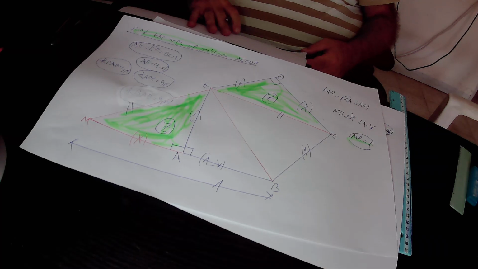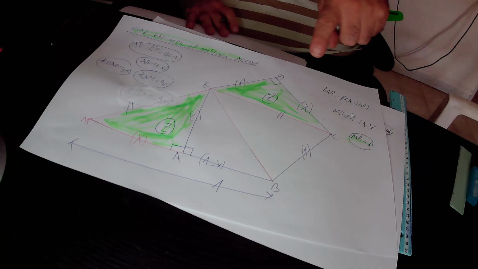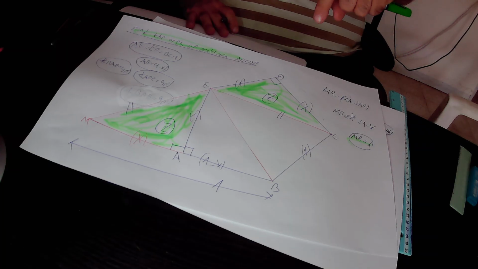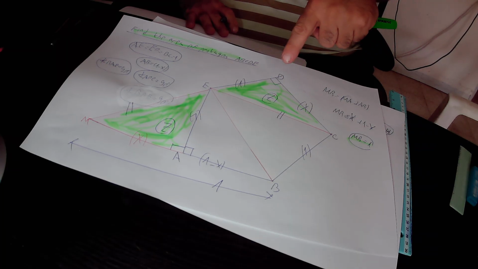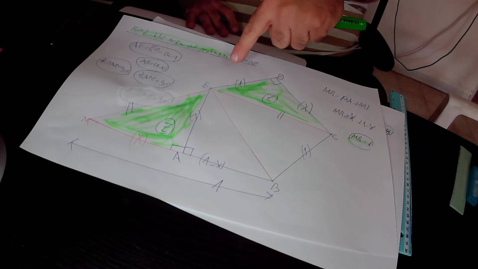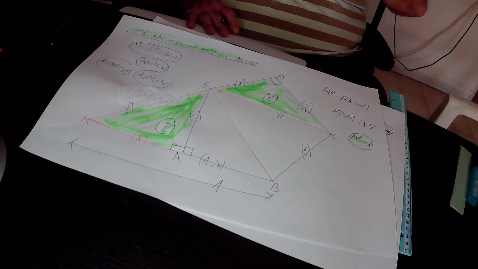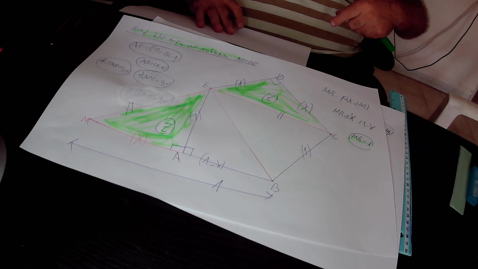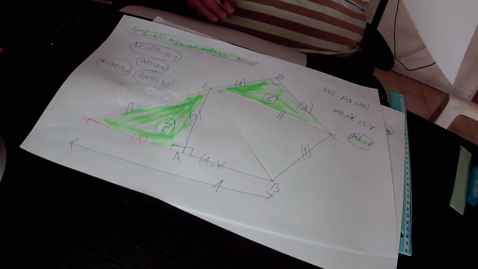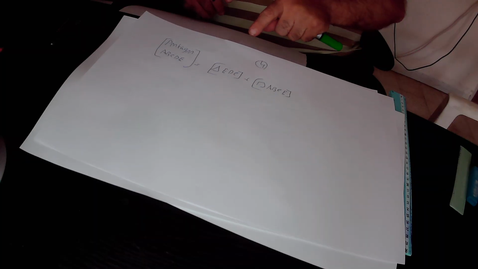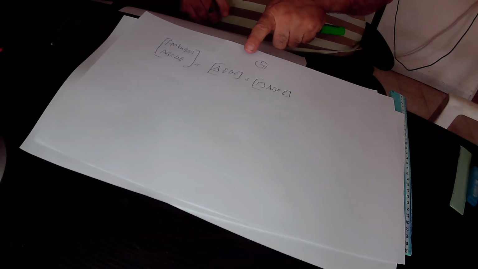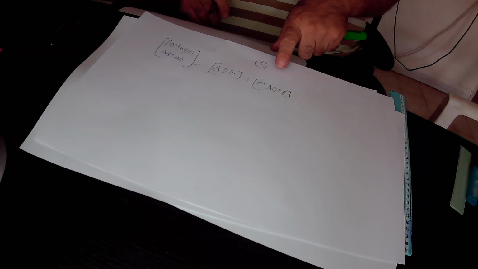Pentagon ABCDE consists of two shapes: this right green triangle EDC, and this quadrilateral ABCE. Therefore, the area of pentagon ABCDE will be equal to the sum of the areas of the two shapes that it consists of.